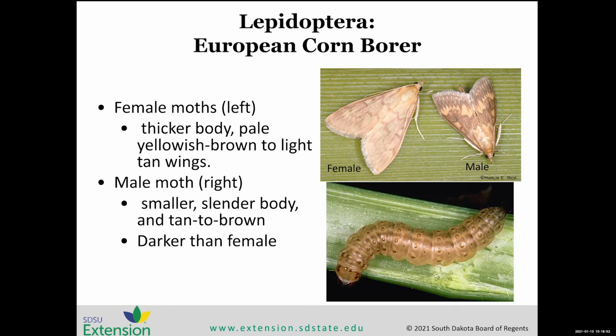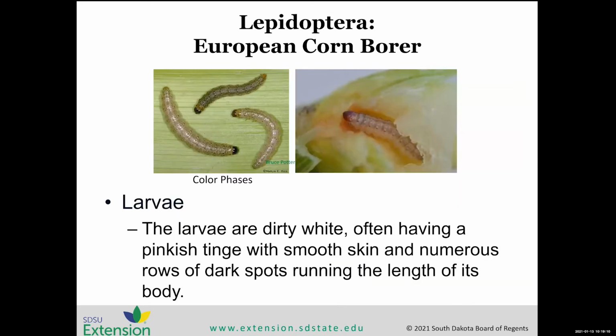So if you're out in the field and you're not sure what you've got, try to catch one, or take a picture and send it to Adam, and he should be able to identify them. But it is difficult, because a lot of these caterpillar pests in corn do look very similar.